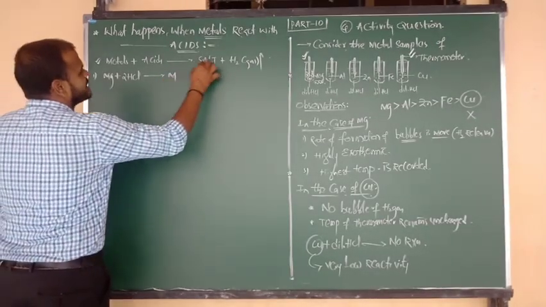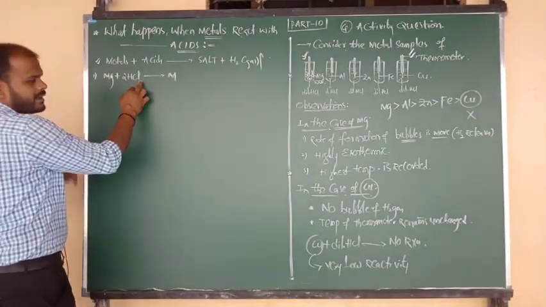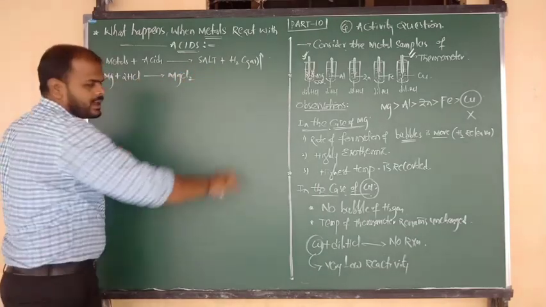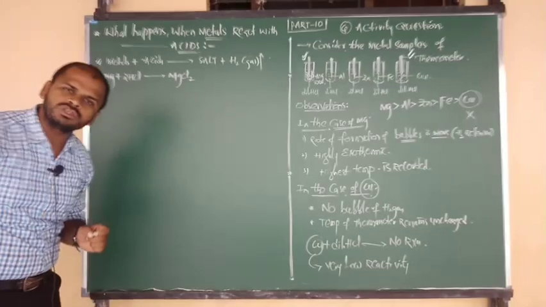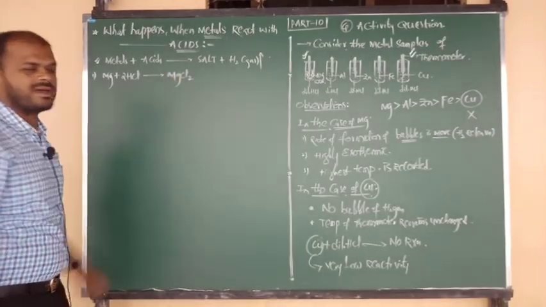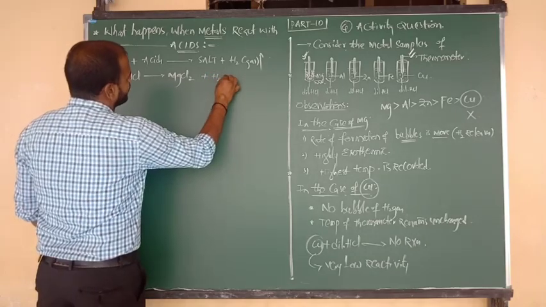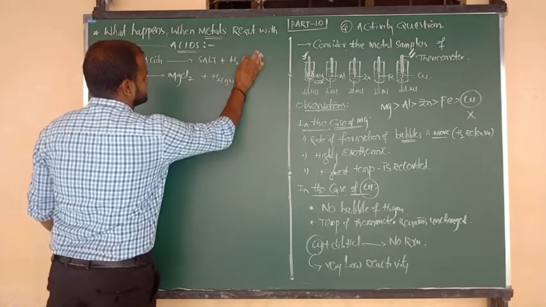And you are going to get the salt, metal combines with non-metal, magnesium combines with chlorine. The product is MgCl2, magnesium chloride. It is nothing but a salt. The remaining 2 H atoms are evolved in the form of hydrogen gas.